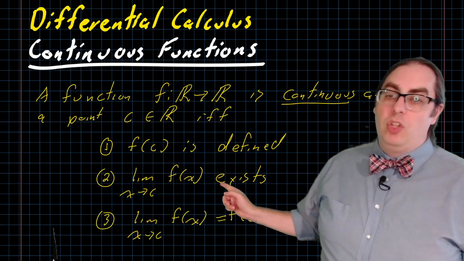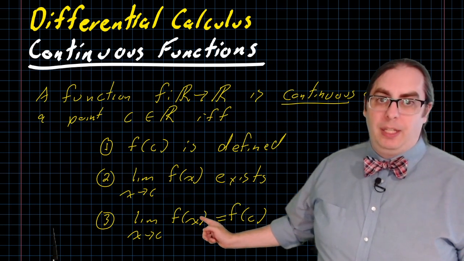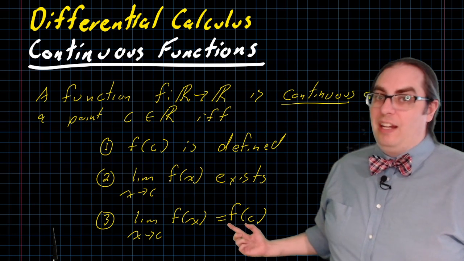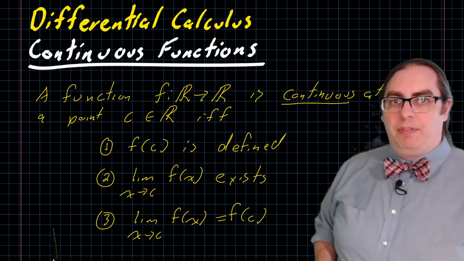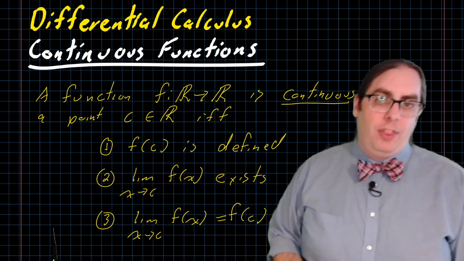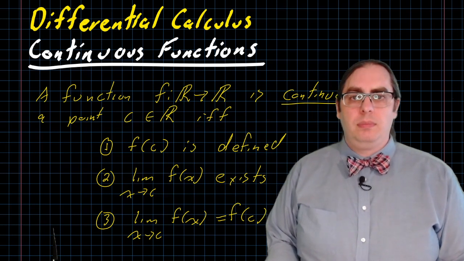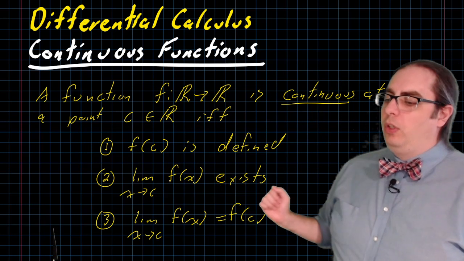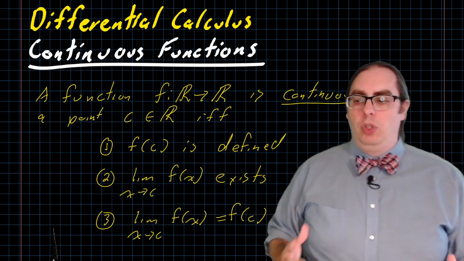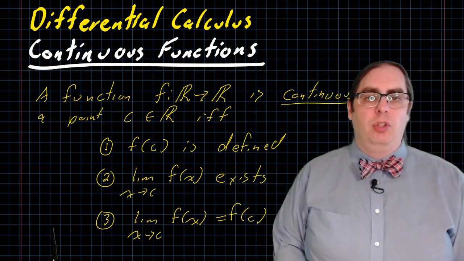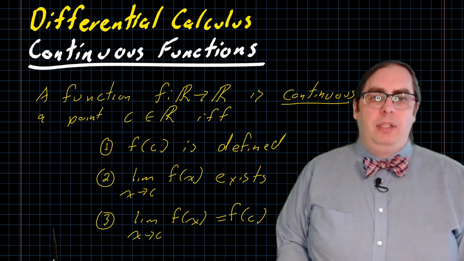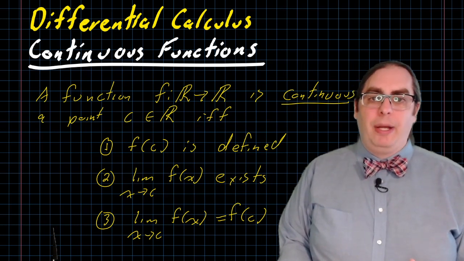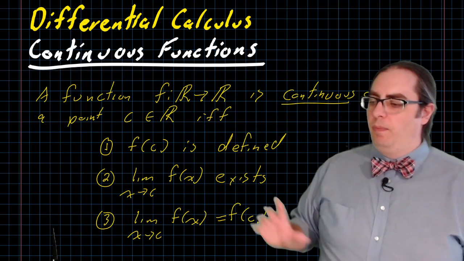If this limit does not exist, we don't have a number to plug in here. And does not exist and undefined, I have stressed a couple of times, mean different things. And so we could just focus on that third rule and it would do the job. It would do everything we need it to do. But it's generally going to make our lives easier to think about this as three separate pieces.